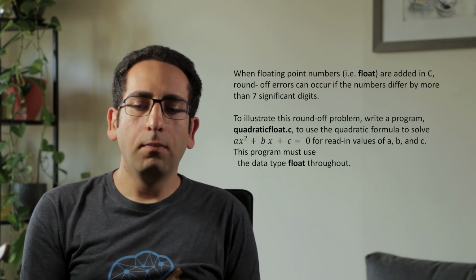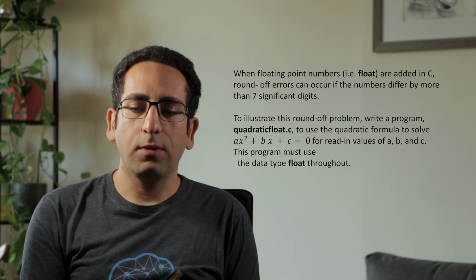This program must use the data type float throughout. Your program input and output should look like what you can see on the screen. So for example, enter the 3 values 1, -5, and 6.